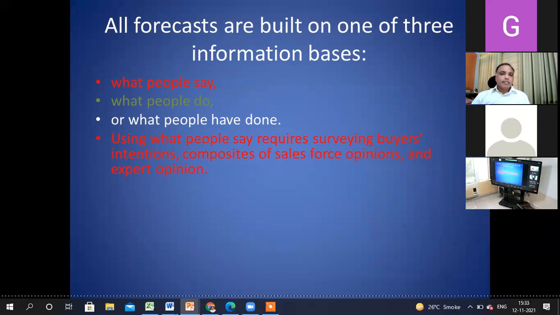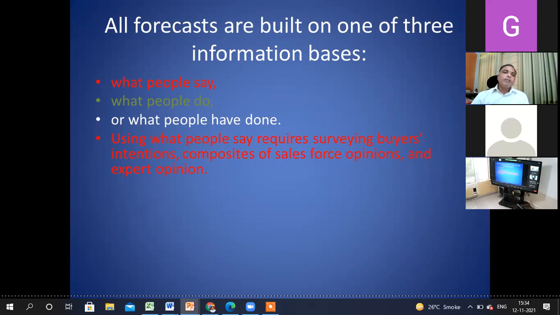Not only buyers' intentions; we talk to people who sell this product, the salesmen, and we have expert people also, maybe a professor, maybe a teacher, maybe a blog writer. These people are experts. So three communities: one customer, second sales force, salesmen, and third is expert.